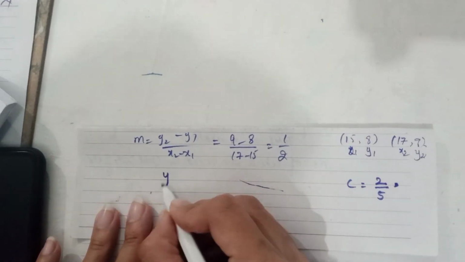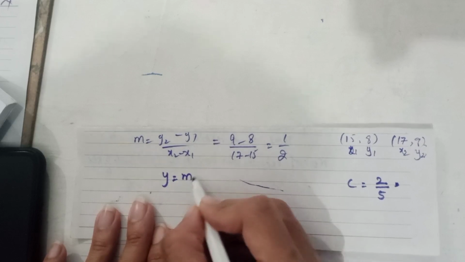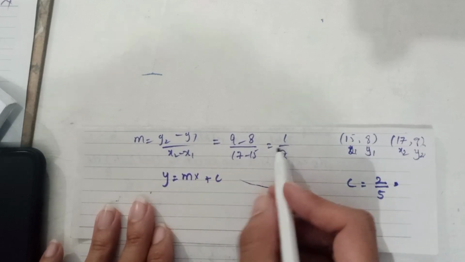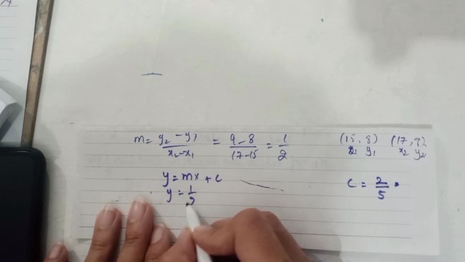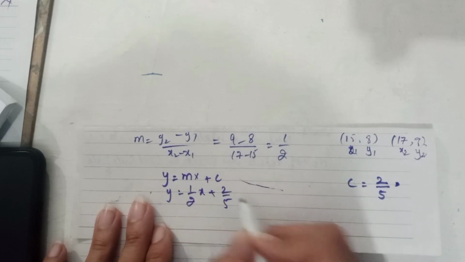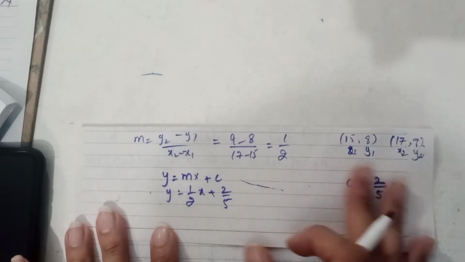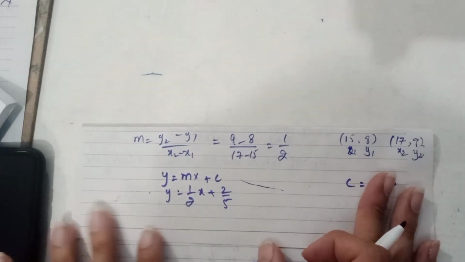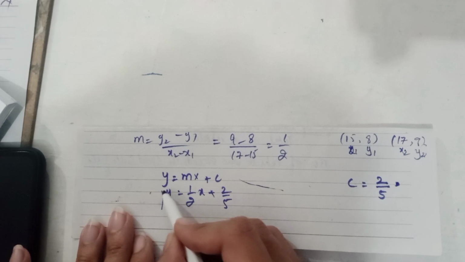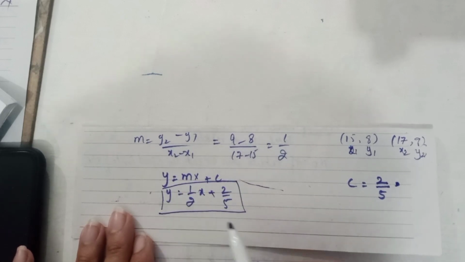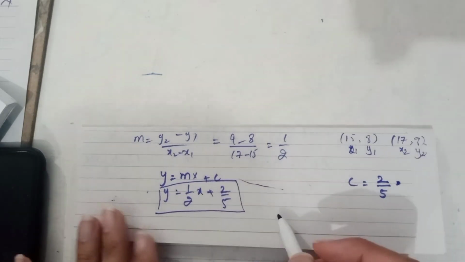Yes, we know that the equation of a line is y equals mx plus c. We write the value of m there, 1 by 2 x, and c is 2 by 5. Now students, this question is solved. This is the equation of the line of best fit.